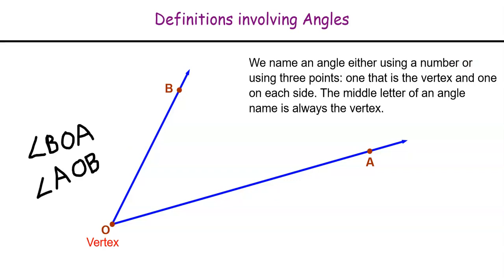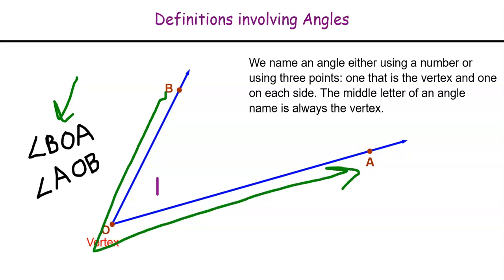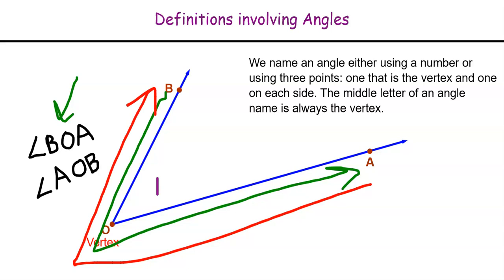So when we name an angle, we name it either using a number, such as calling this angle 1, or we name it using 3 points. One on each side and one that's on the vertex. The middle letter of the angle must be the vertex because basically what we're going to do, and you'll see this in other things too, is start from, in the case of naming it angle BOA, start from B and walk around the angle in the direction of B to O to A. Similarly, if we're going to name it AOB, we can start at A on that ray, walk to O, and then back to B. So go ahead, pause the video.